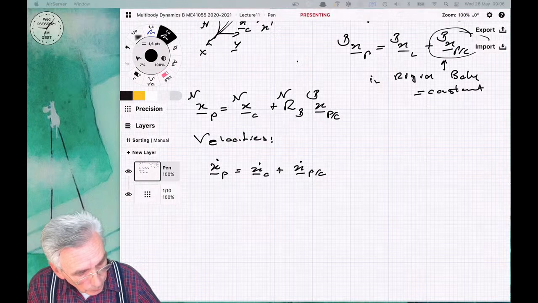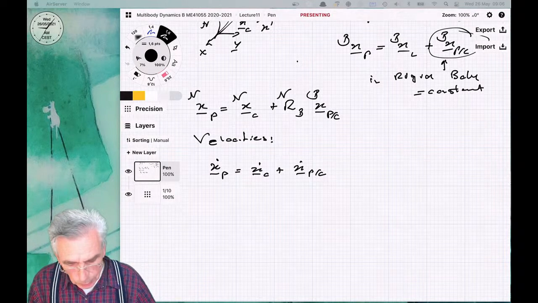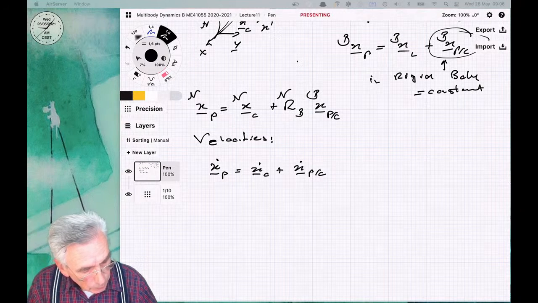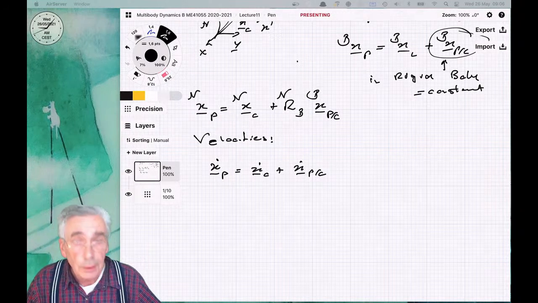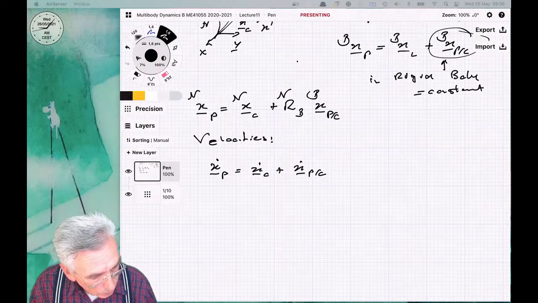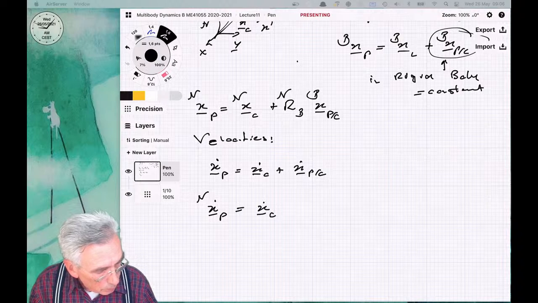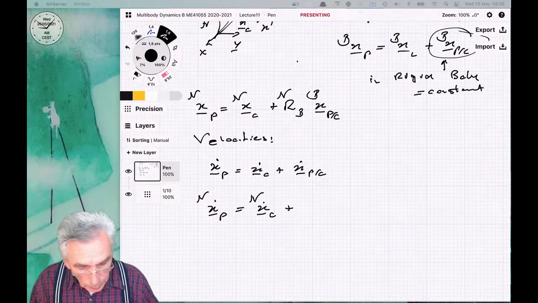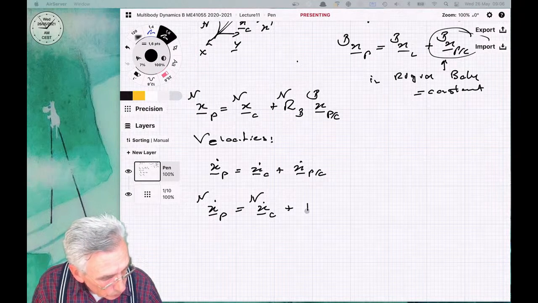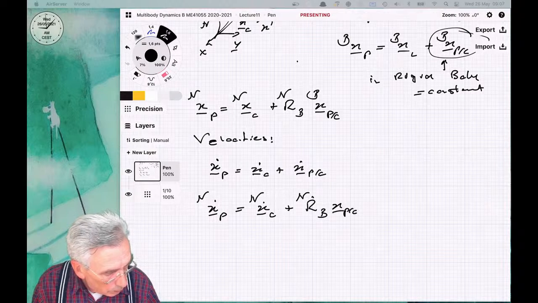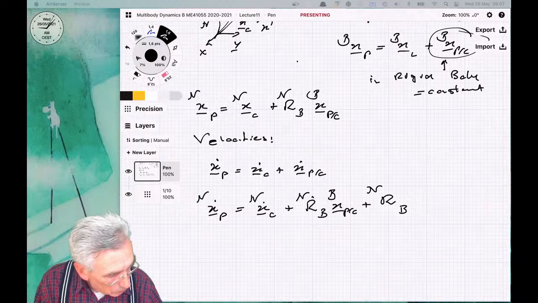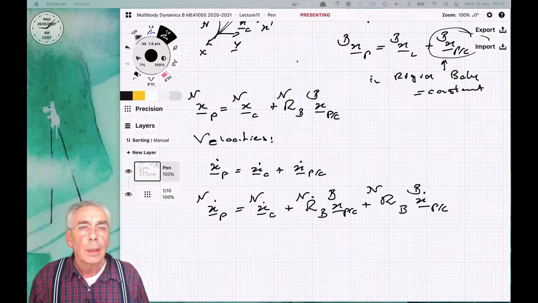Now, if we look in more detail at this one, this was the general vector expression. Let's take the algebraic components, and the differentiation can be done in the same way on the algebraic components. So we get x dot of P expressed in the inertial system, the x dot of C expressed in this one, plus, and then we should do the chain rule, right? R dot P n times x P relative to C in the body frame, plus the P n rotation matrix times the time derivative of P relative to C in the body fixed frame.